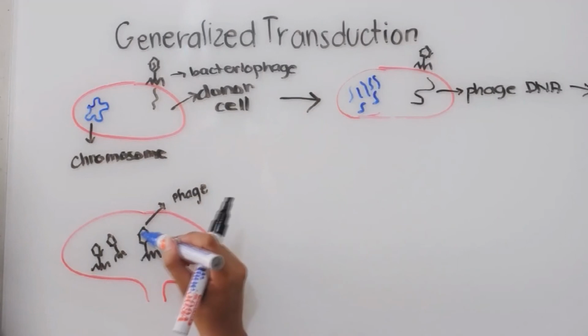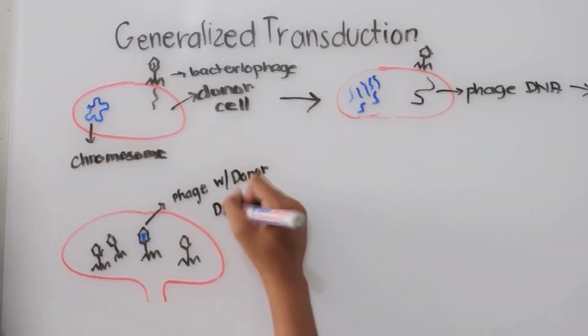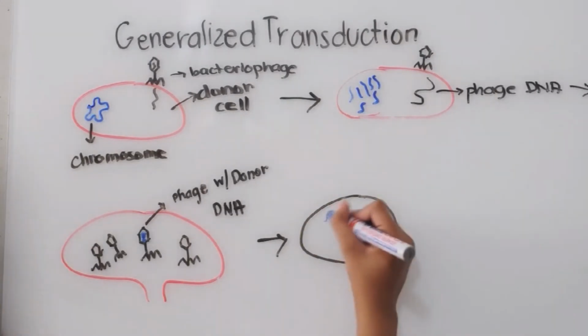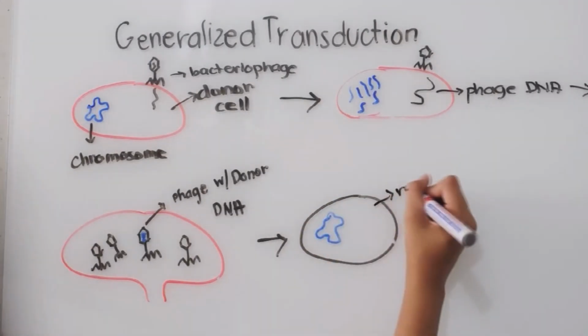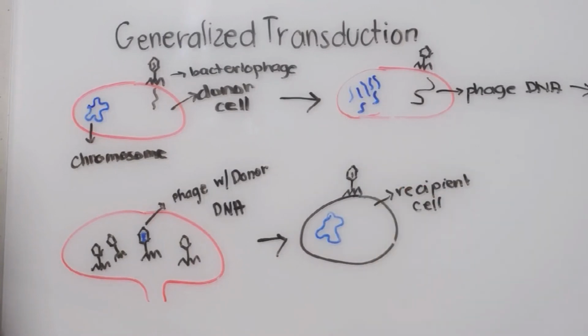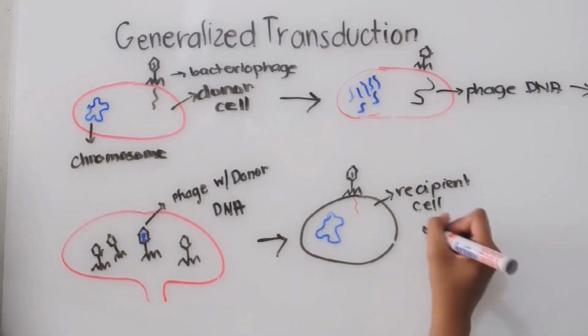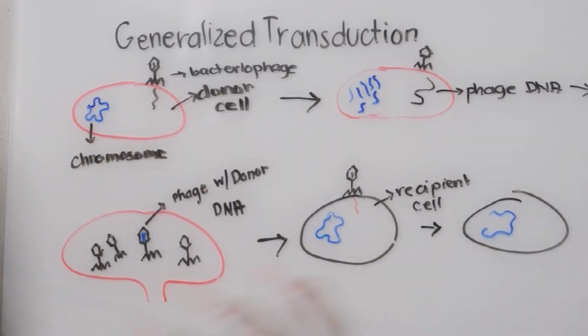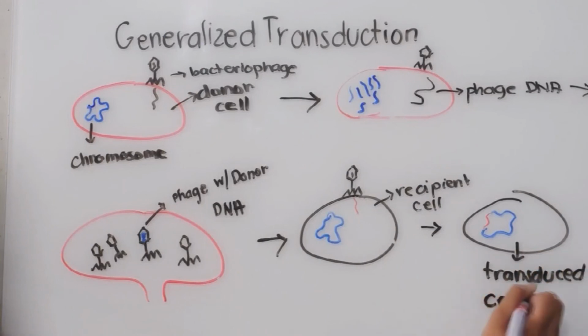The next step is where the transducing phage with host DNA infects a new recipient cell. Recombination also occurs here. Then, the recombinant new cell has a mixture of the donor DNA and its own DNA. Its genotype is different.